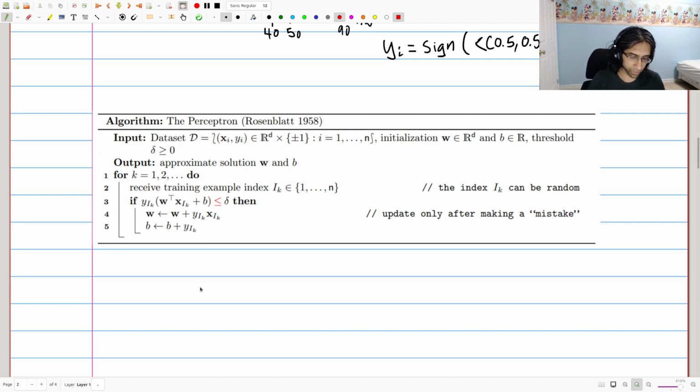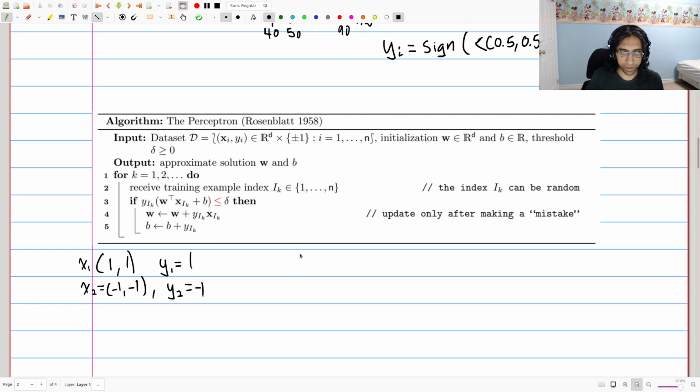So let's start with a simple example where we have, say, 2 points. One is x1 = (1, 1), with y1 = 1, and x2 = (-1, -1), with y2 = -1.